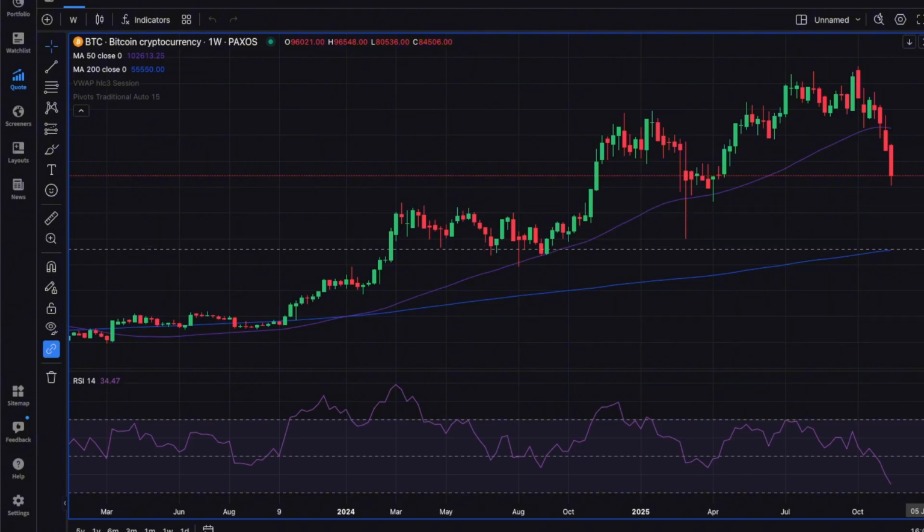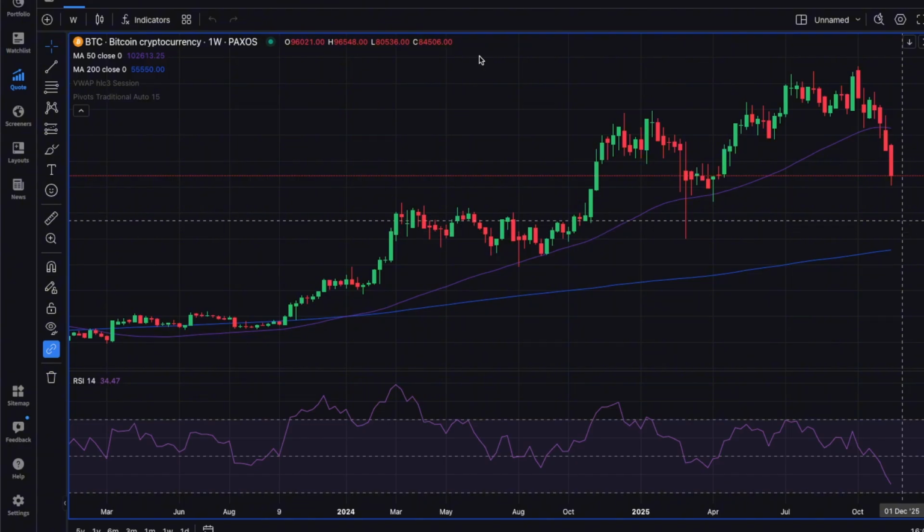Then the next would be where the 200-week simple moving average is. That would probably be the bottom to hit there. On the RSI, it's heading towards oversold at 34. Once it goes under 30, we tend to see that as oversold.